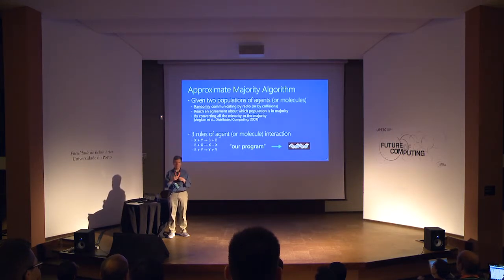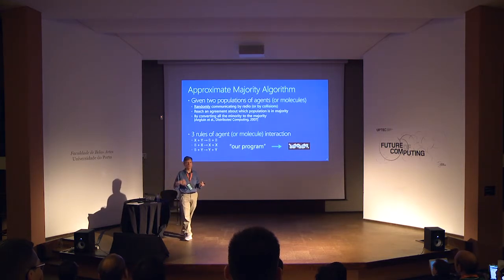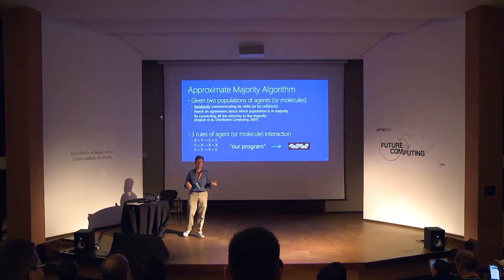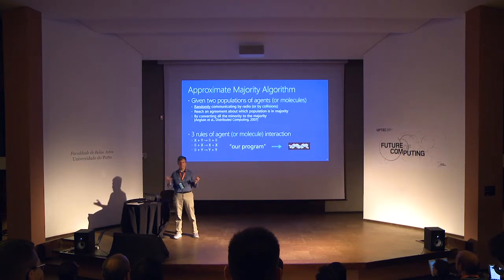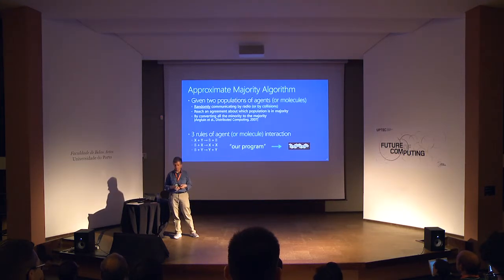And they have radio, they can talk to each other in pairs, one by one, pair by pair. Their job is to agree whether overall it is hot or cold. So they have to find out who is the majority. Does the majority think it's hot or cold? And then they all have to agree that it's either hot or cold. So they have consensus.